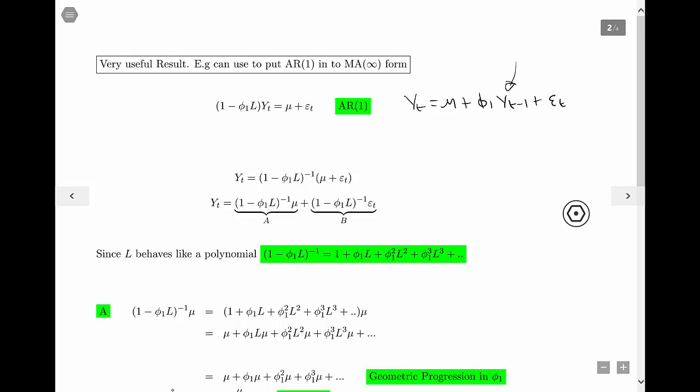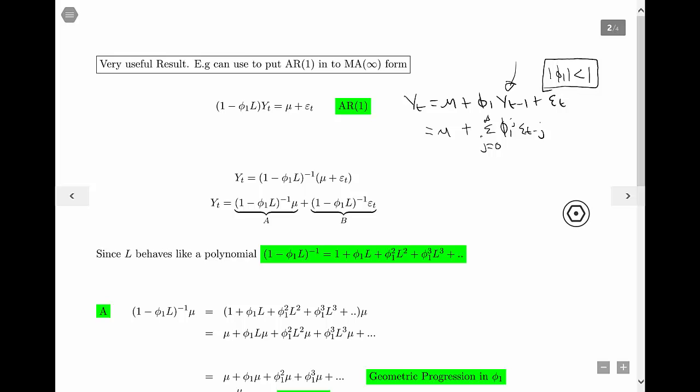We wrote this process, under the restriction that the AR1 coefficient is less than 1 in absolute value. We kept recursing back and back and back. And we wrote this as an infinite sum over all past lags of epsilon j, and we derived the coefficients. So we derived this in lecture.